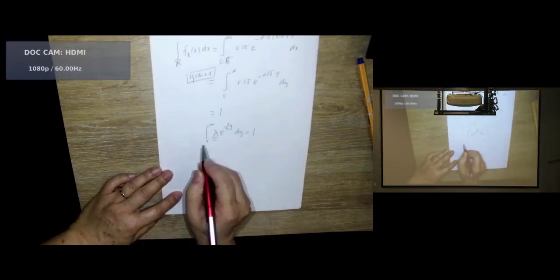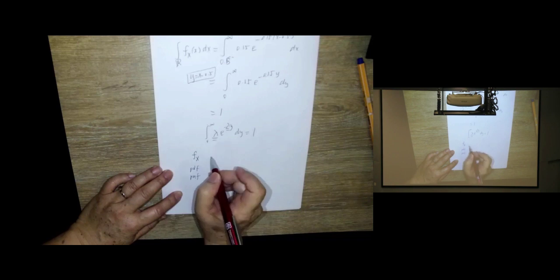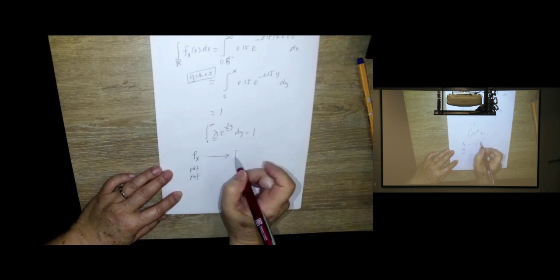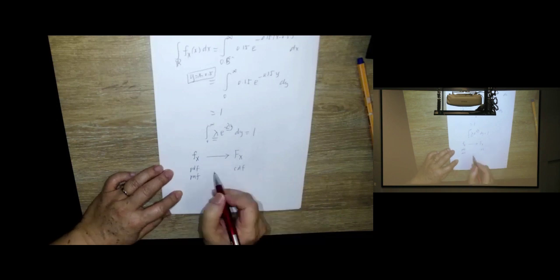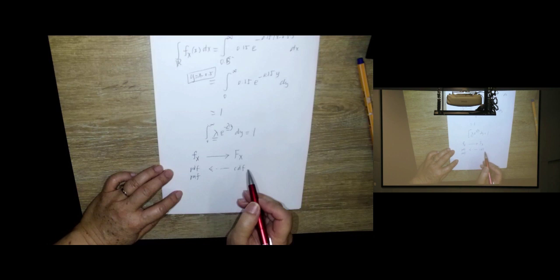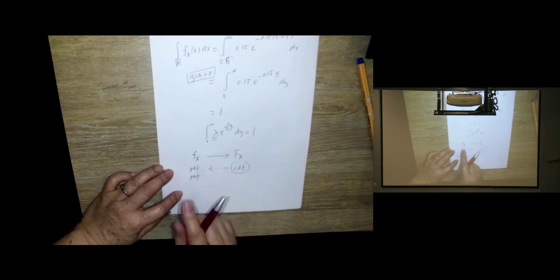What we are going to do is, from either a probability density function or probability mass function, we know how to calculate the CDF, the cumulative distribution function. And now what we are going to do later on is to do it the other way around. If I know the cumulative distribution function, I want to calculate this.